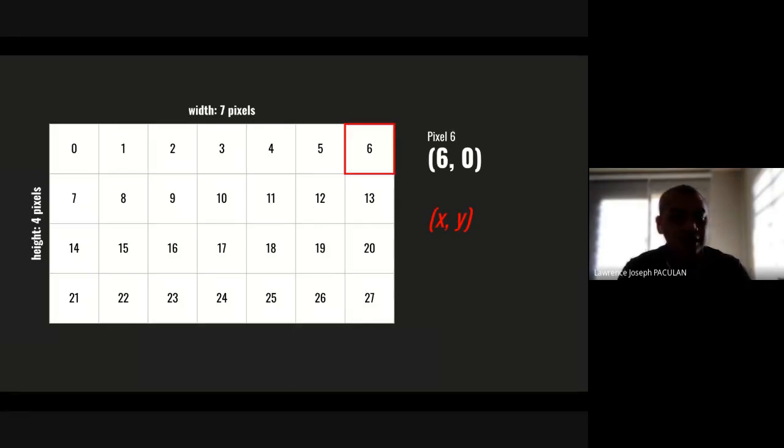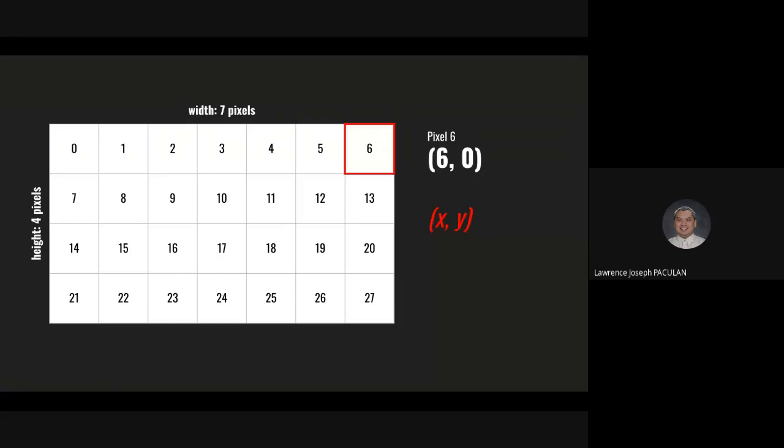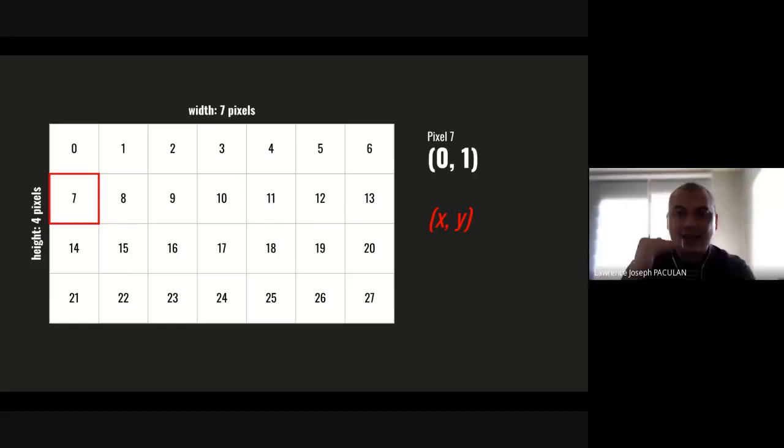If we go to pixel 6, the x value is 6, and the y value is still 0. For pixel 7, we go back to the 0 location along the x-axis, but we went down along the y-axis.